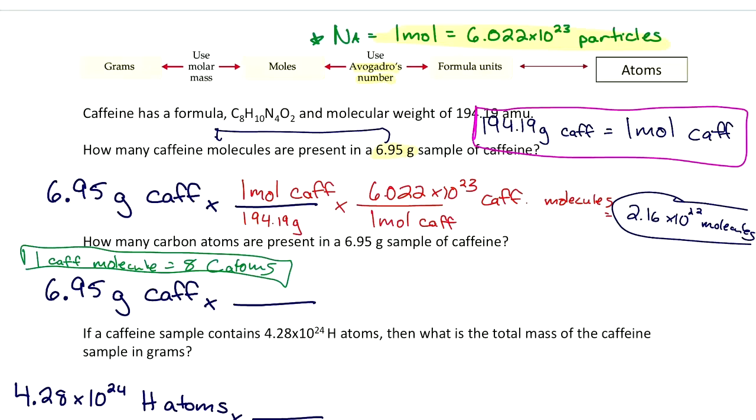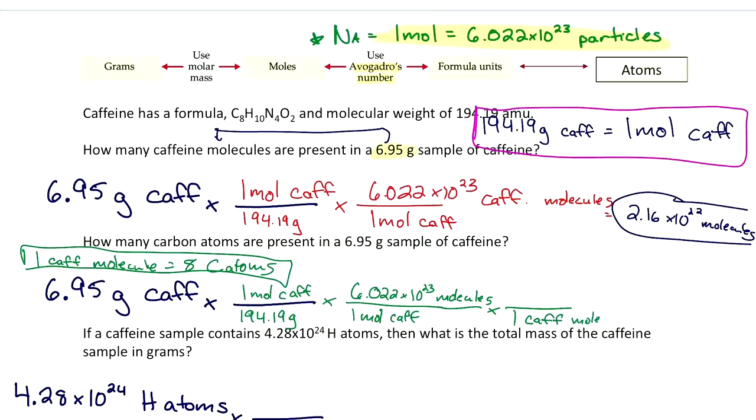If I start with a gram amount of caffeine, I use molar mass and put it on the bottom: 194.19 grams is 1 mole of caffeine. For every mole of caffeine, I have 6.022 times 10 to the 23 molecules. And for every 1 caffeine molecule, I have 8 carbon atoms.